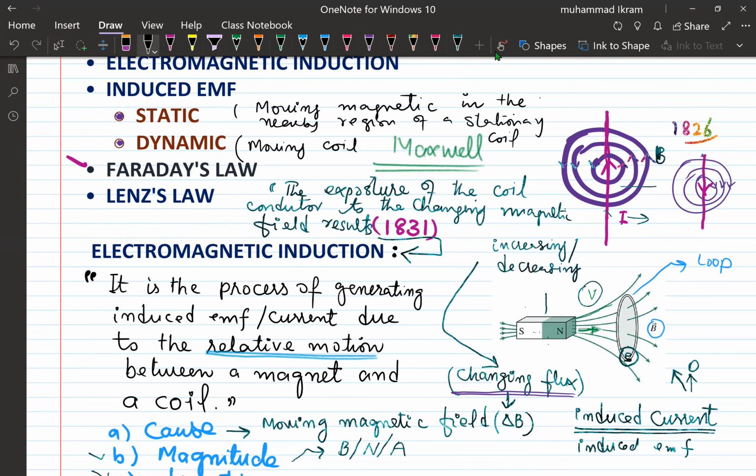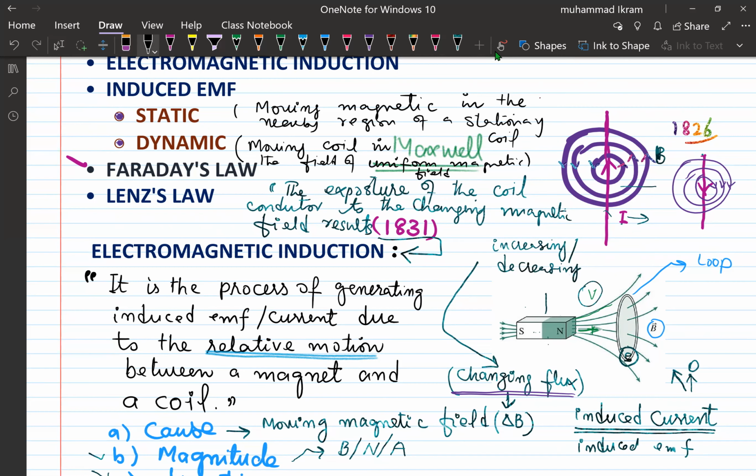Moving coil in the field of what? In the field of a uniform magnetic field. So both ways you can get it. Whether you move this or that, it will produce induced EMF.